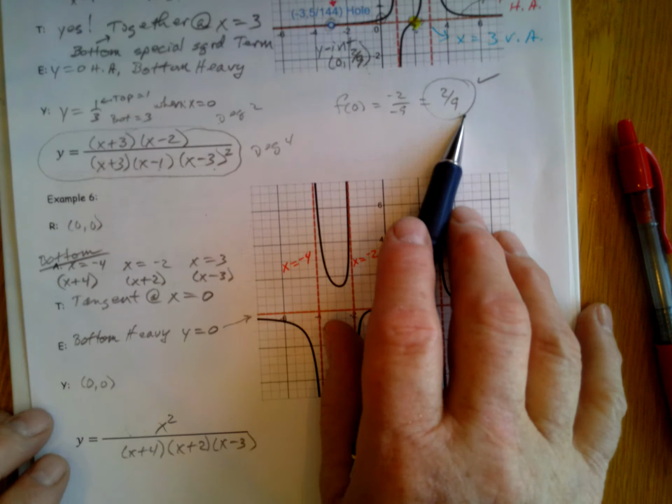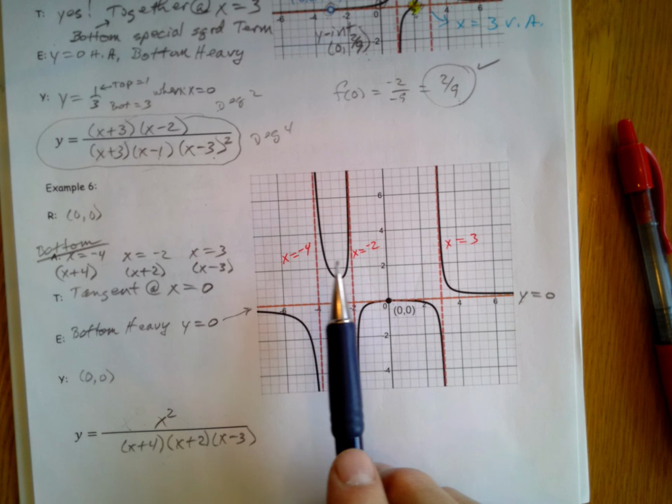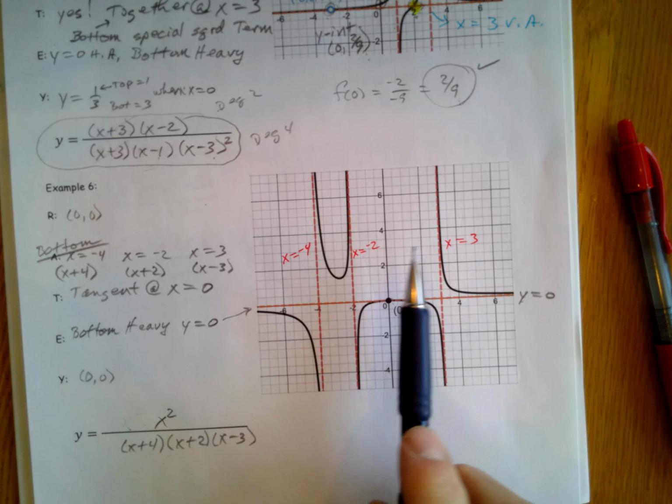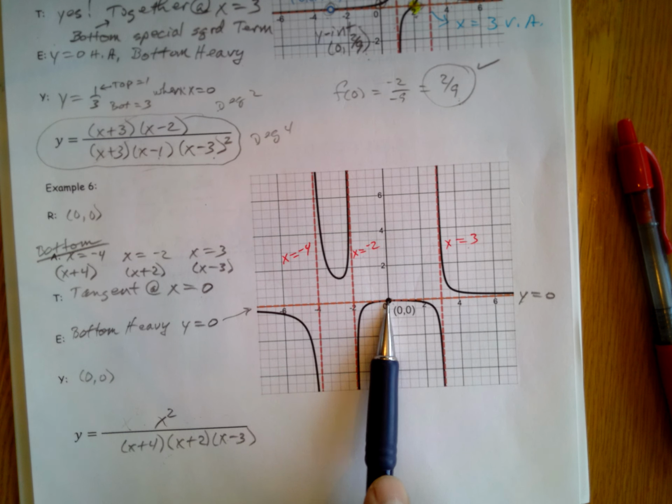Okay, now down here, we started setting this one up, and we said x equals -4, x equals -2, x equals 3. That should get you these 3, no doubt about it. Okay, this is both the y-intercept and the x-intercept. And this graph comes up, bounces, and goes down. There is no togetherness.